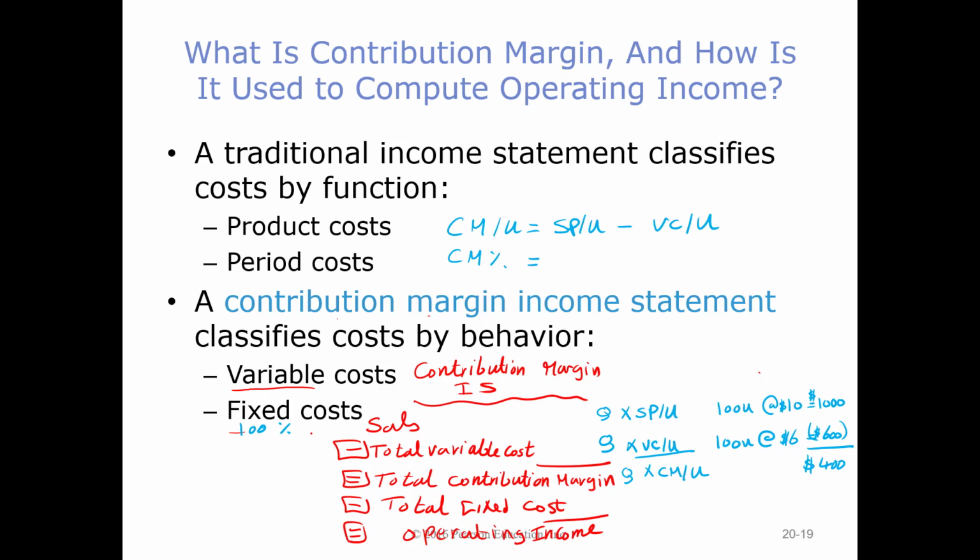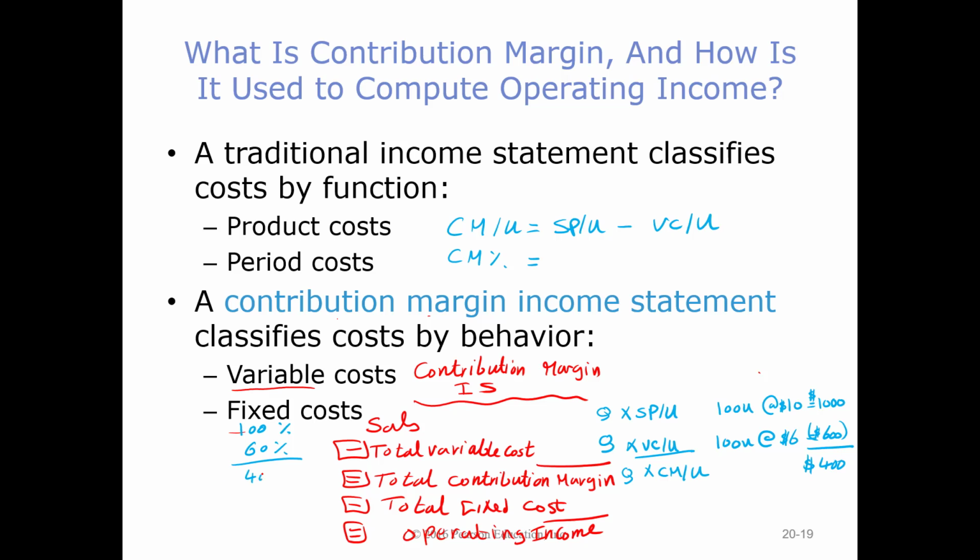So now sales is representing 100. If I'm going to represent variable cost as a percentage of sales, I will divide the 600 by the 1000, which is 60%. So the variable cost is representing 60% of the selling price. So whatever the selling price will be, the variable cost will be 60% of it.